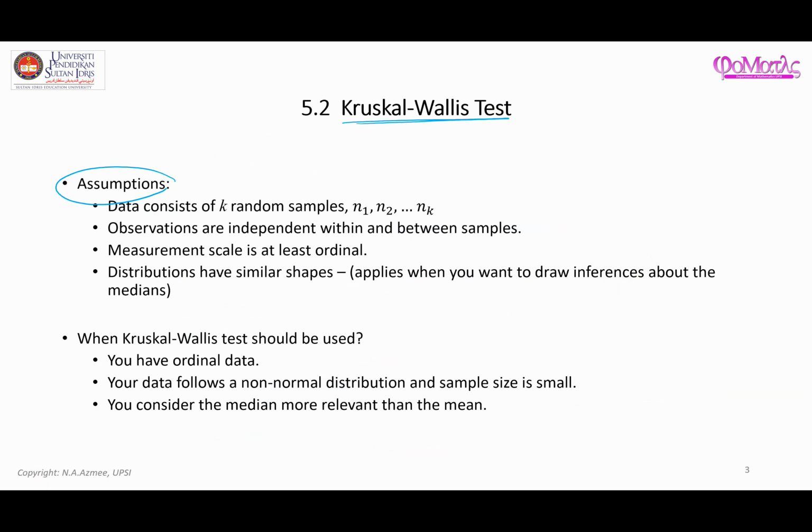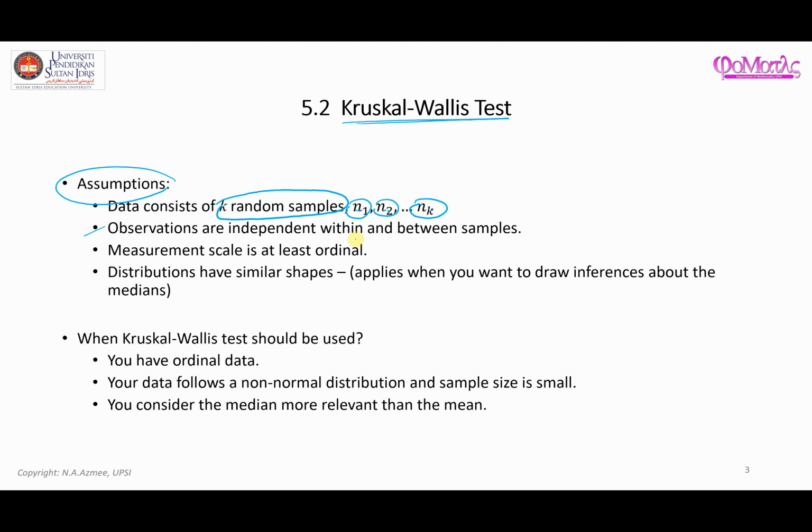First of all, the data consists of k random samples or k random groups. So we have group 1, group 2 until group k, and each group has its own sample size. The sample size in each group can be similar or different, it doesn't matter.